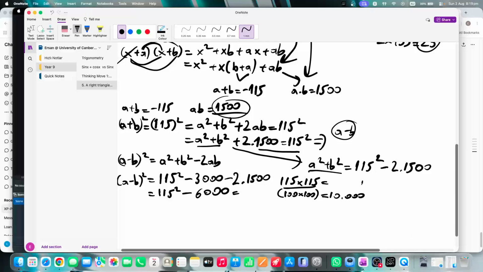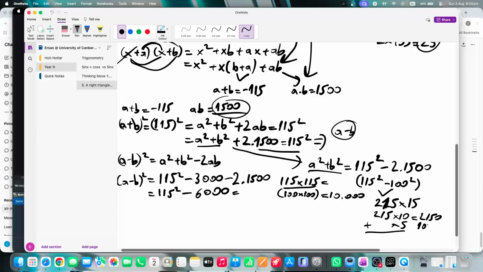I also know my famous formula: if I want to calculate this, I multiply their sum, which is 215, and their difference, which is 15. So it's easier: 215 times 10 is 2150, and half of it, which is 215 times 5. If I just add them together, I can find it.